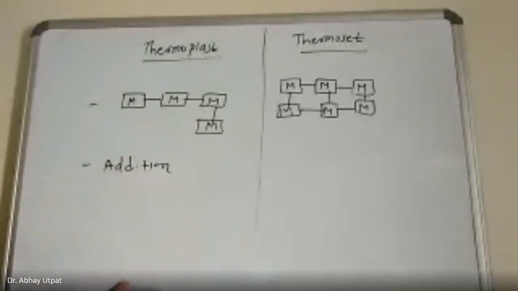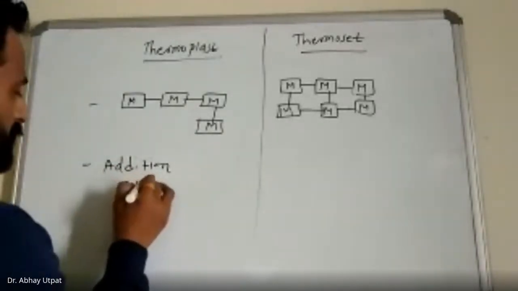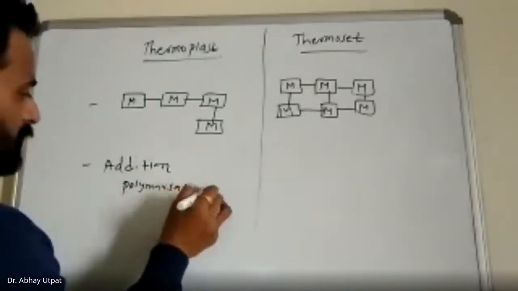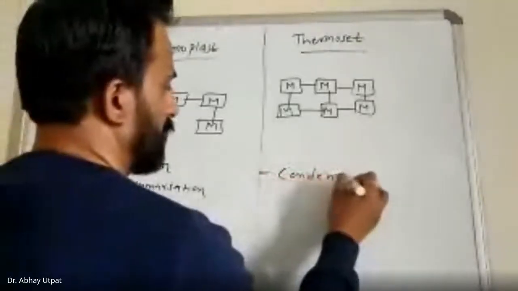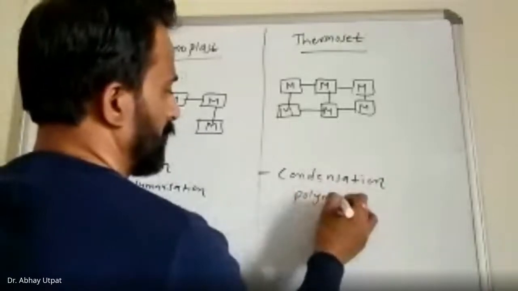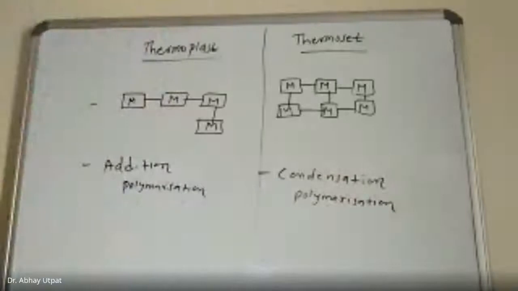Thermoplasts are prepared by addition polymerization and thermosets are produced by condensation polymerization.